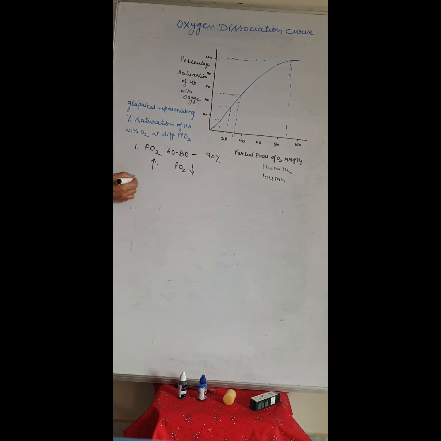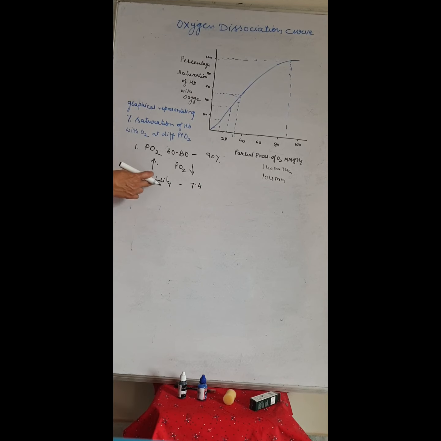The second one is acidity. As we already discussed, the more the pressure, the more the affinity; with less pressure, when we go to high altitude, it does not bind a sufficient amount of oxygen. Number 2, acidity. The normal pH is 7.4.